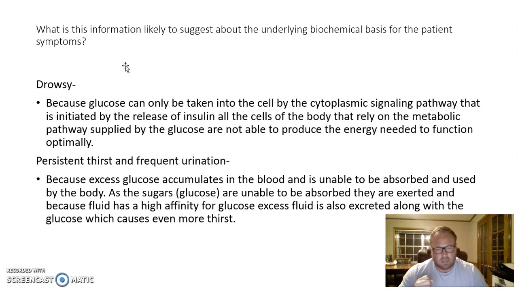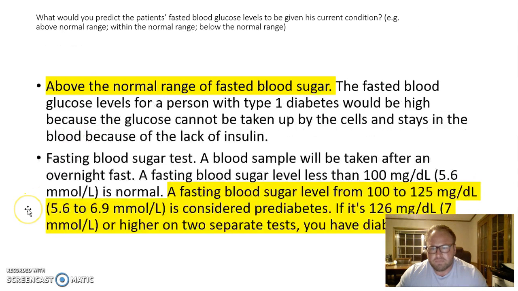So as the glucose accumulates in the blood, the kidneys try to filter it out, and it takes the fluid along with it. It's excreted in the urine, causing excess thirst, and dehydration causes excess thirst, which is another symptom that we saw.